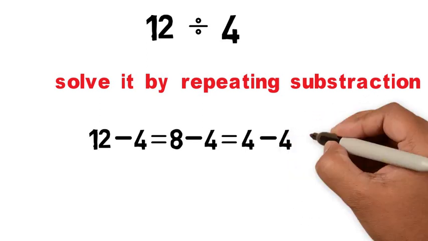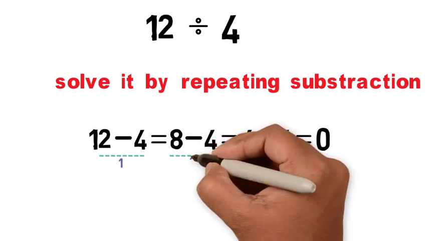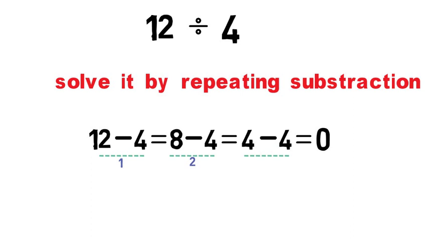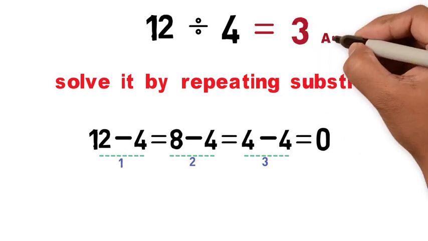We get 0 in 3 steps. Step 1, step 2 and step 3. It means 3 is our quotient, that is 12 divided by 4 is equal to 3.